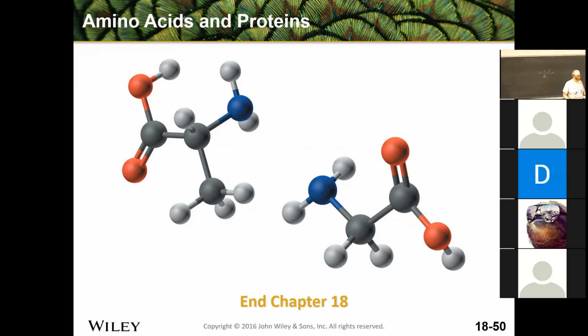Okay, the slideshow only showed disulfide bonds as maintaining the folding or 3-dimensional structure. There are several other ways in which 3-dimensional structure can be maintained, including hydrogen bonding and what are called salt bridges, salt linkages.